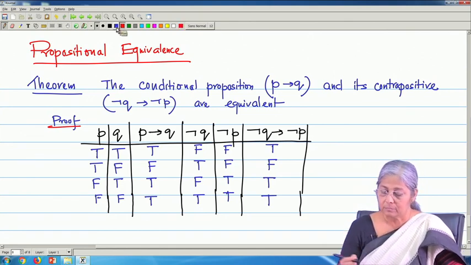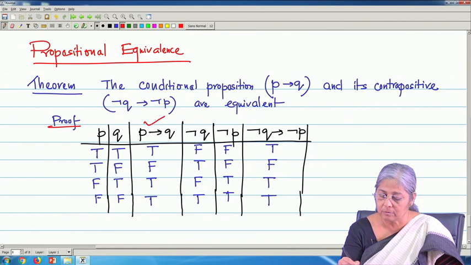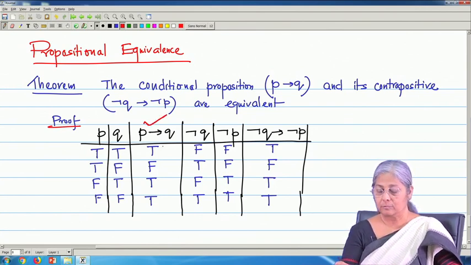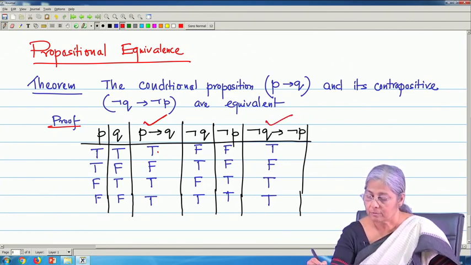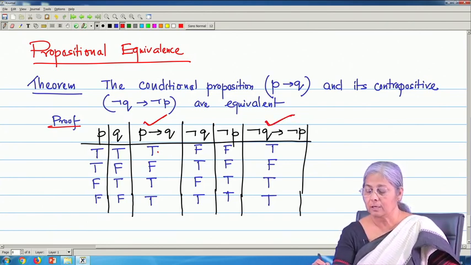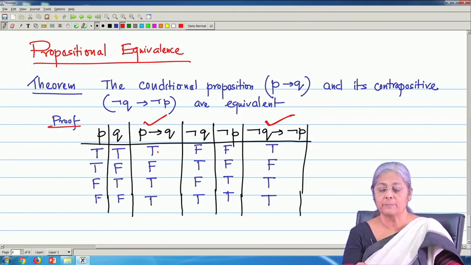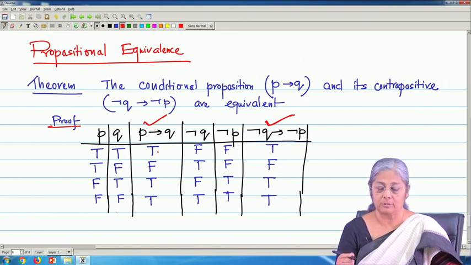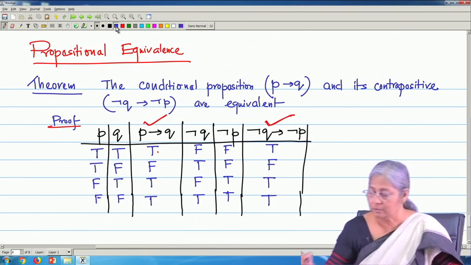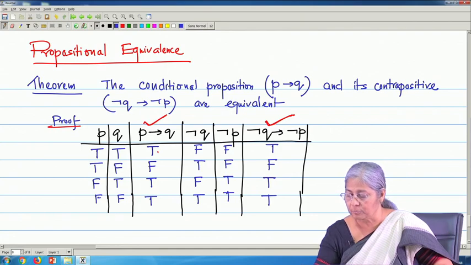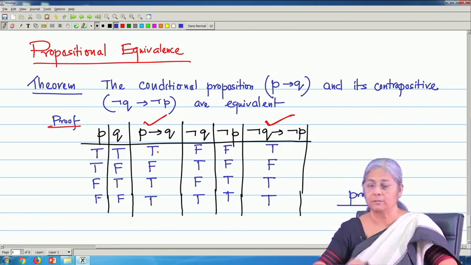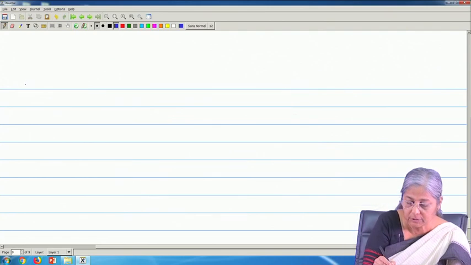So, we see that P implies Q takes the truth values T F T T and negation Q implies negation P is T F T T. That means both are taking the same truth values for the same set of P and Q values. So, they are equivalent. So, it is proved that they are equivalent.